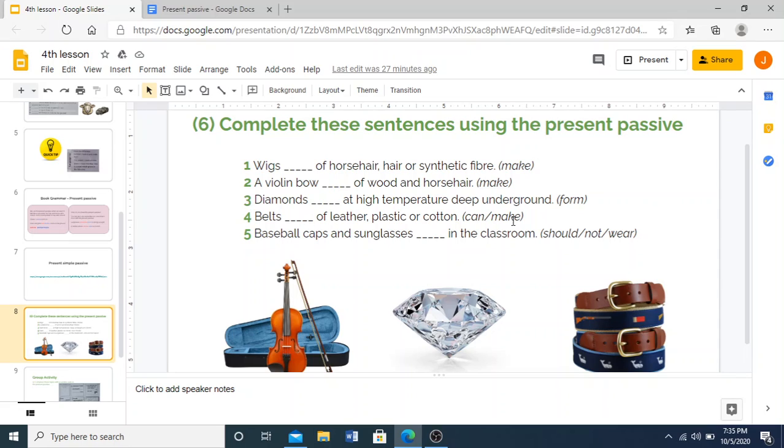Belts can be made of leather, plastic, or cotton. And the last one, of course, baseball caps and sunglasses should not be worn. Baseball caps and sunglasses should not be worn in the classroom. So that's what I told you. These last two are examples of the later one that we did. So these are the corrections.